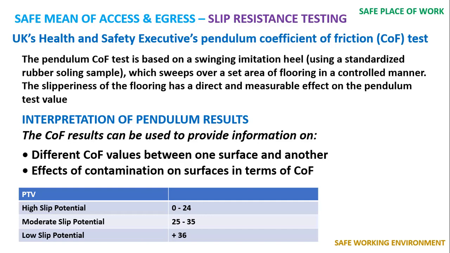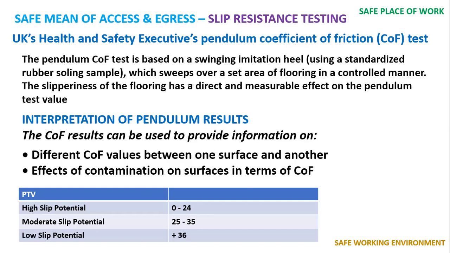So this surface may not have the same coefficient of friction as it had when dry. By this pendulum result, we can calculate the effect of the contamination on the surface in terms of coefficient of friction. The pendulum test value has a certain scale.